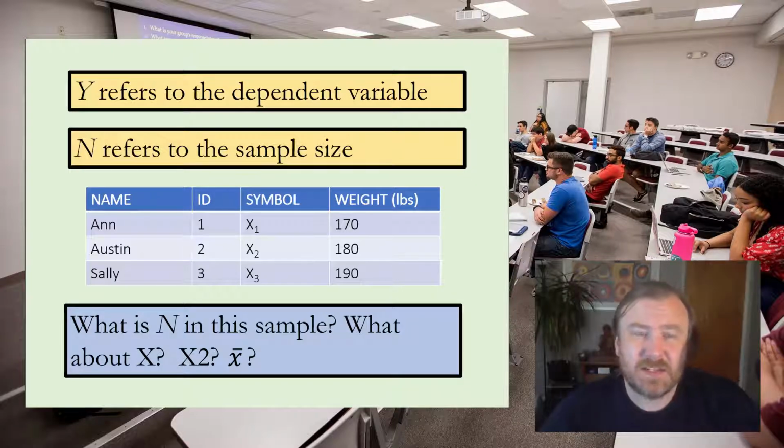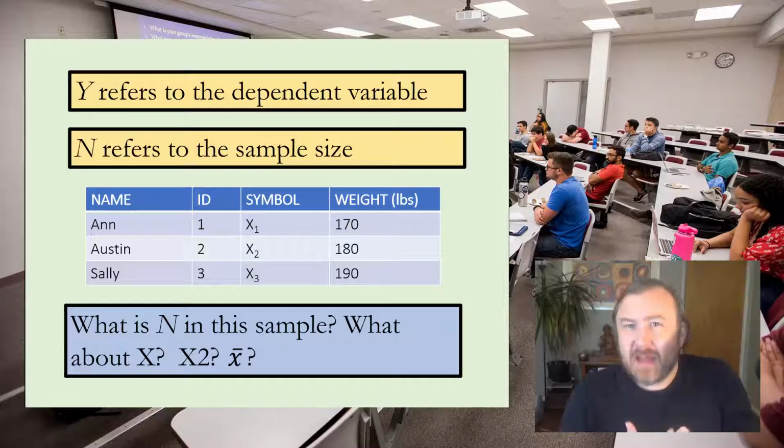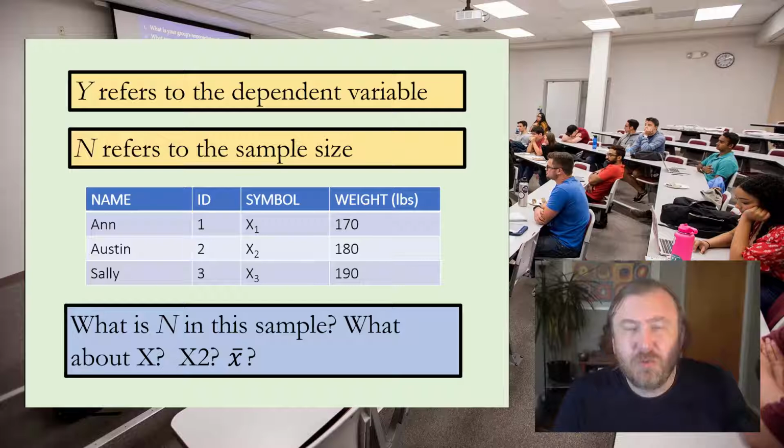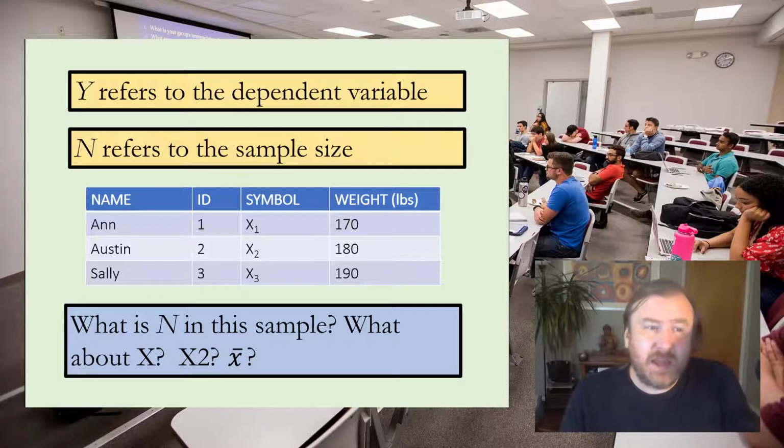If we look at the data presented on the screen, what would you say n is in this sample? Well, 3. There's 3 people. What about x? Well, that question you can't answer. I mean, who's x? X could be Anne, it could be Austin, it could be Sally. So we need more information.